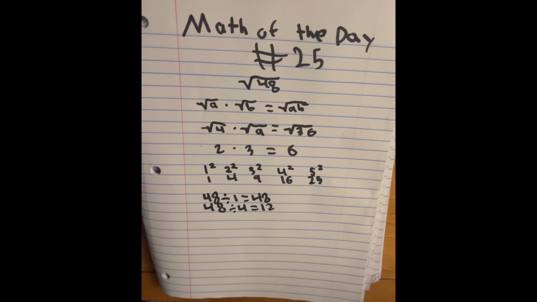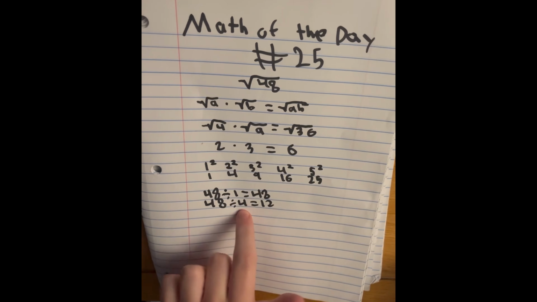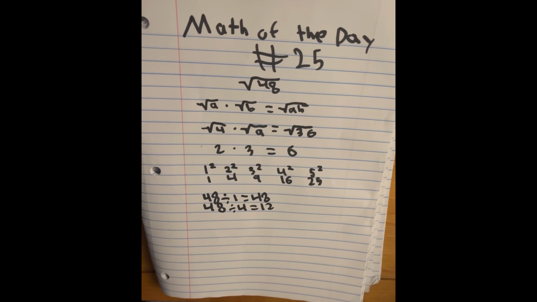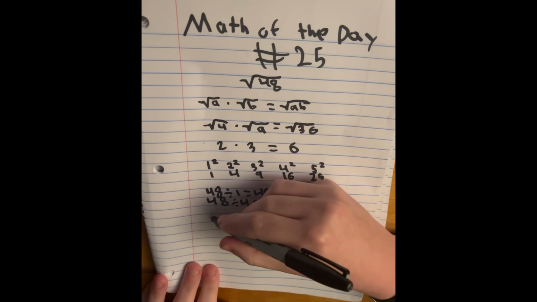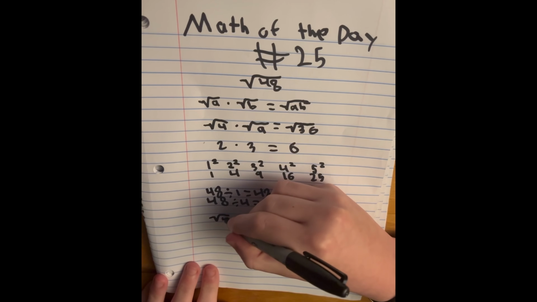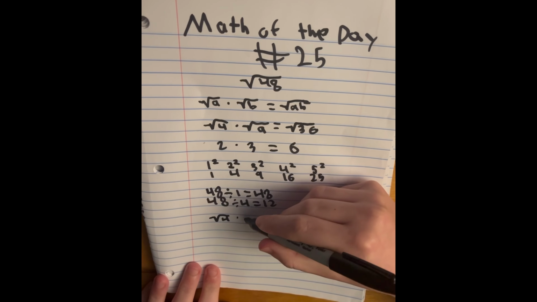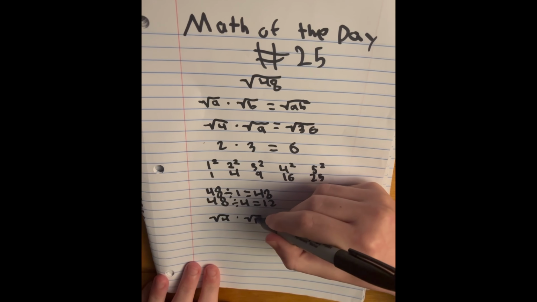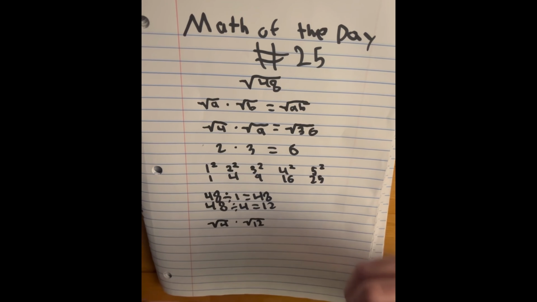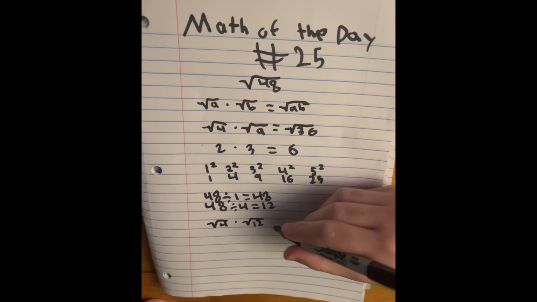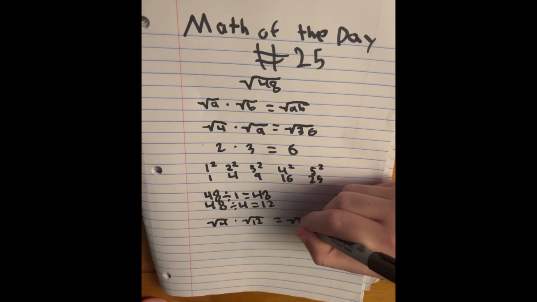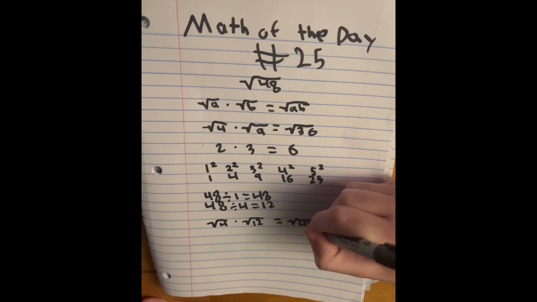So you may be thinking, do we need to do this? Well, let's go back to our formula from earlier. We can actually plug these in because 4 and 12 are going to become a and b. So, the square root of 4 times the square root of 12, and 4 times 12 is 48, so that equals the square root of 48.